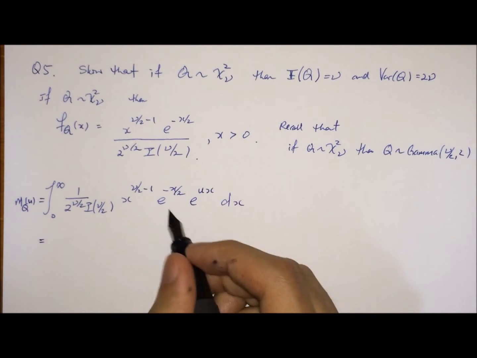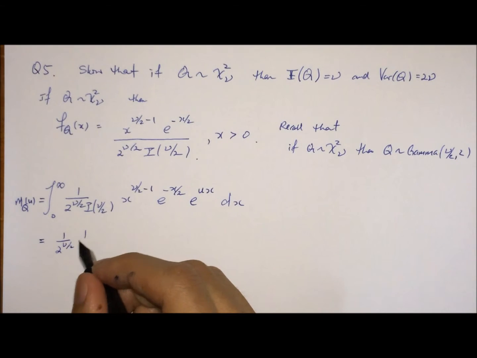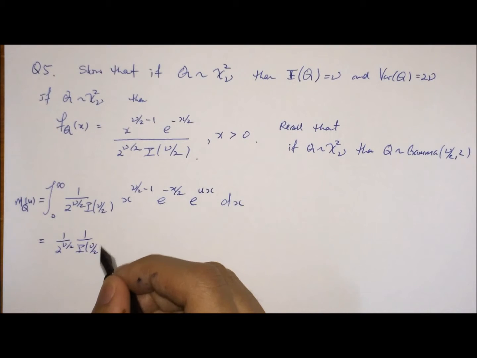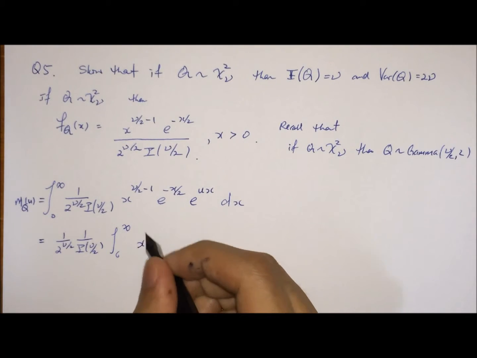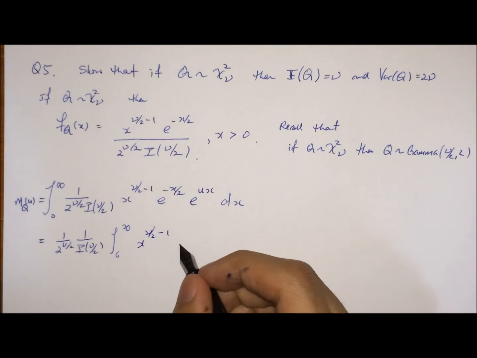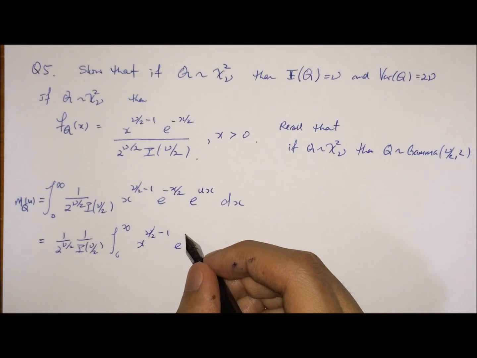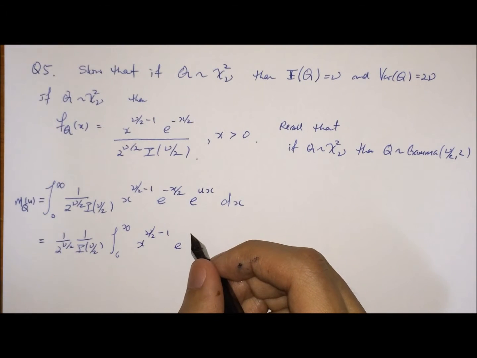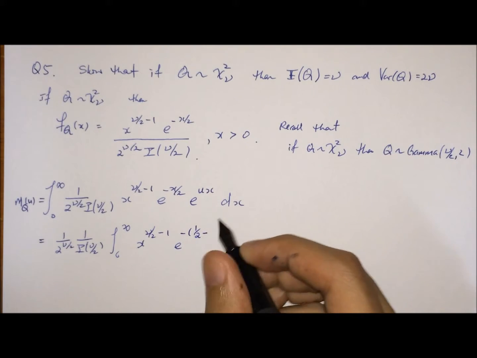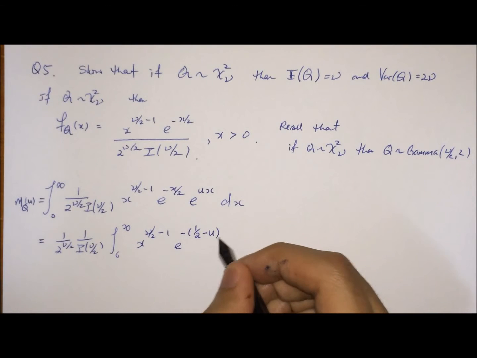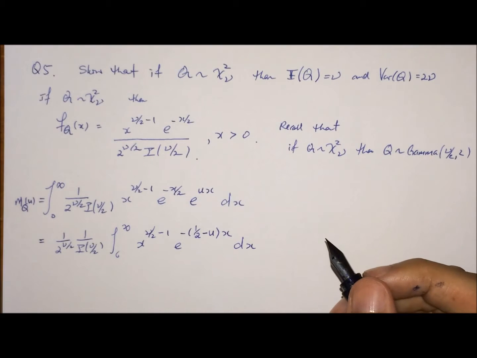All right, combine these two exponential terms, and you'll get 1 over 2^(nu/2) gamma(nu/2), the integral from 0 to positive infinity of x^(nu/2 - 1) e^(-(1/2 - u)x) dx.